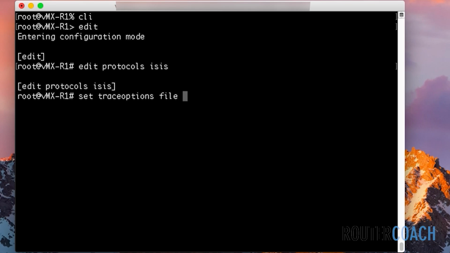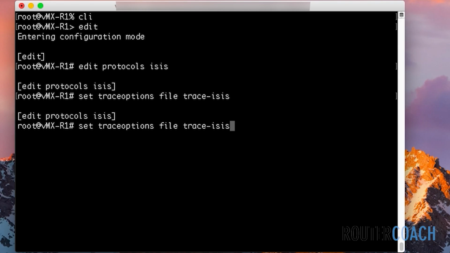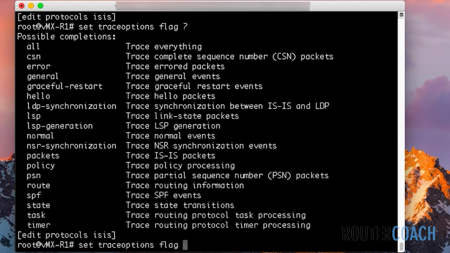Our file will be called trace ISIS, and we're going to set our flags as the hello packet.